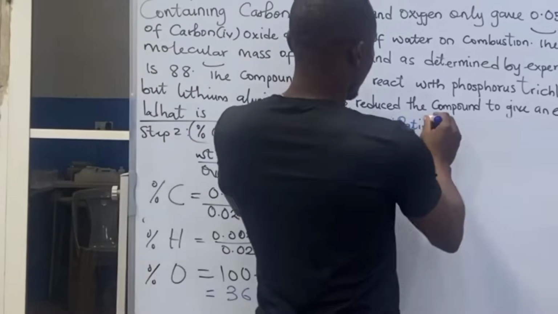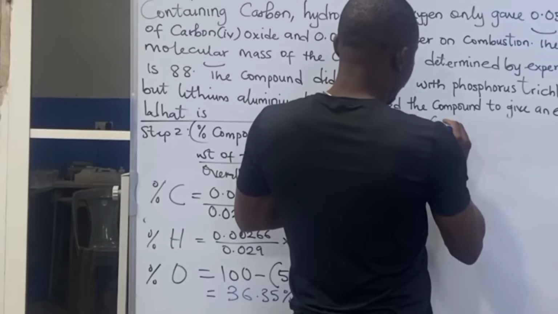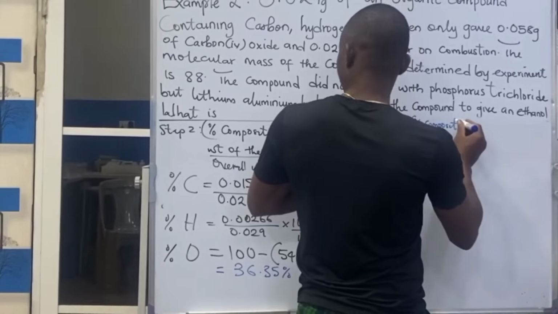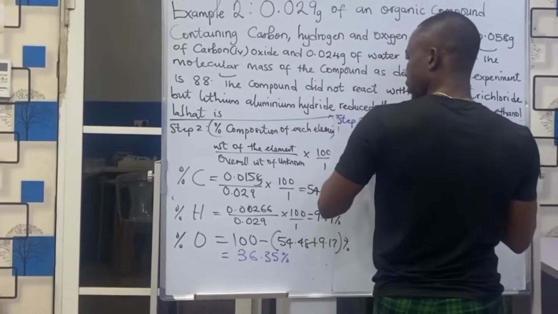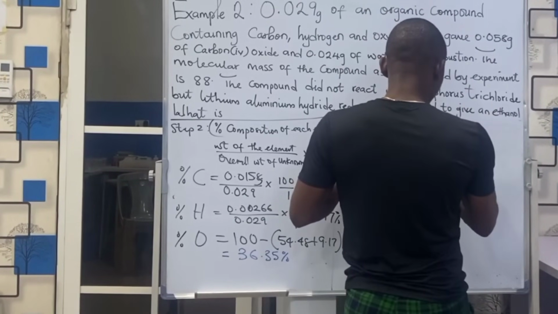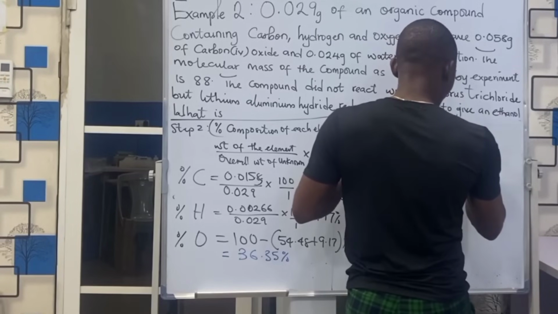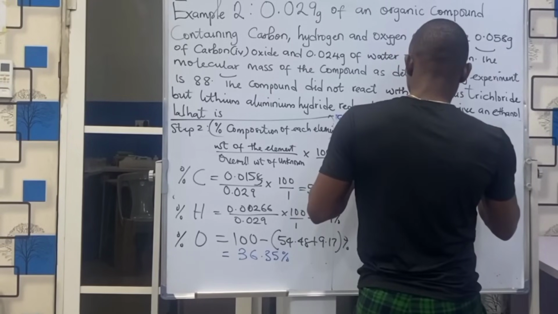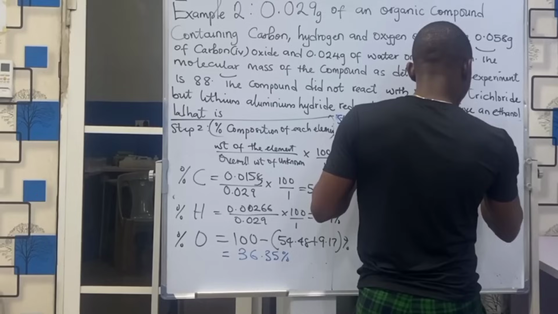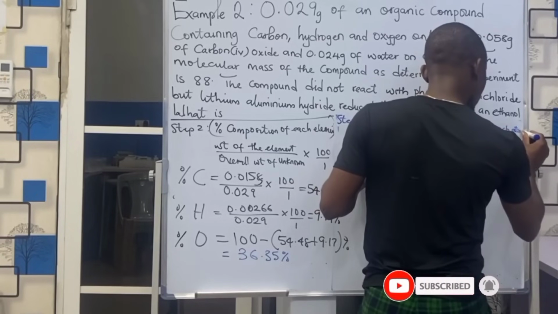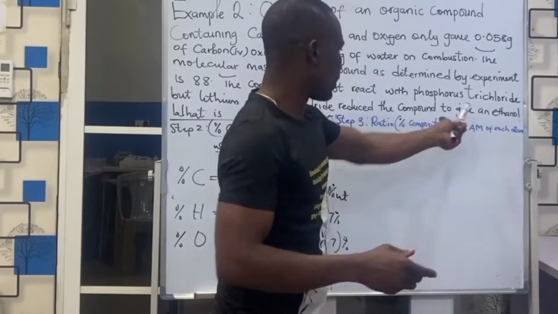By our ratio, the percentage composition is divided by the relative atomic mass of each atom or element present. So that's how we get our ratio.